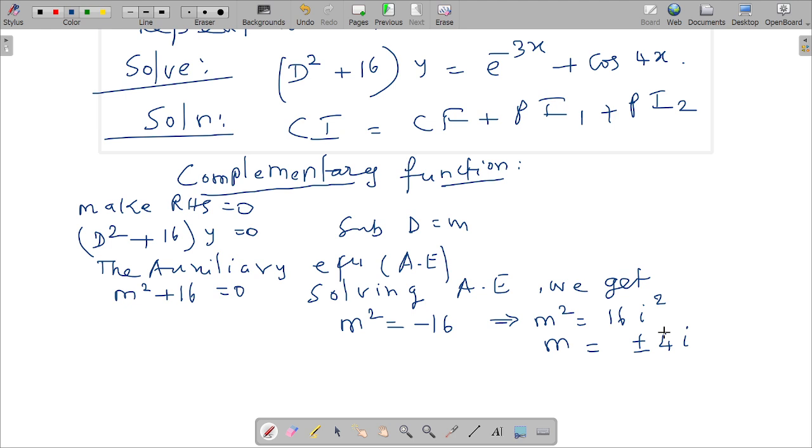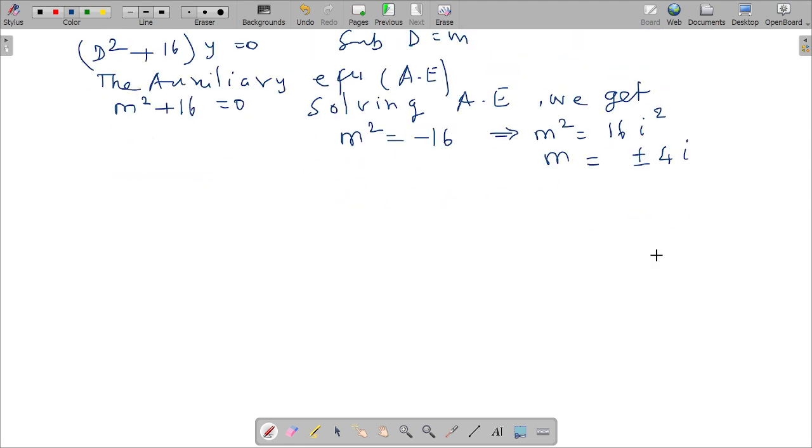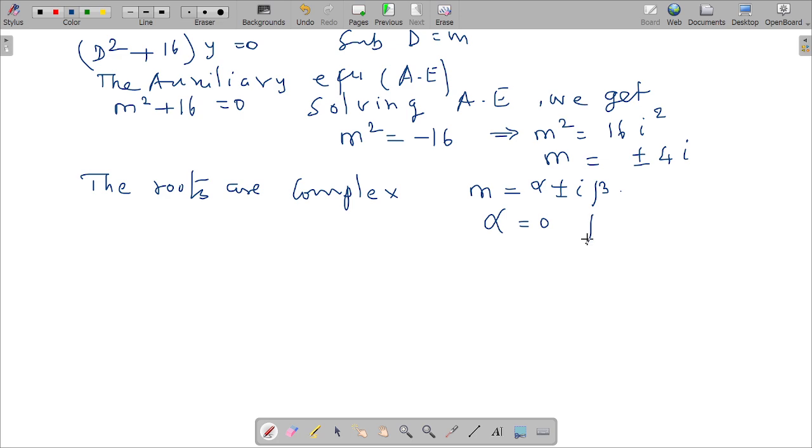So the roots are complex. It contains imaginary parts. Therefore m is in the format of alpha plus or minus i beta, where alpha equal to 0 and beta equal to 4.